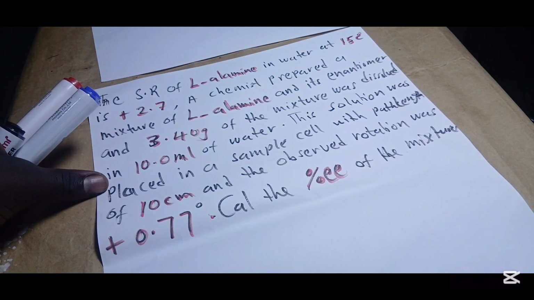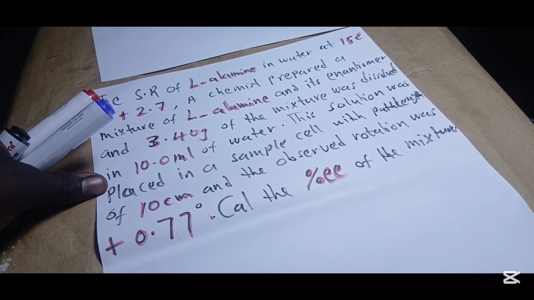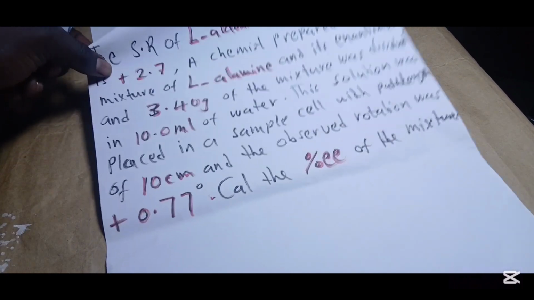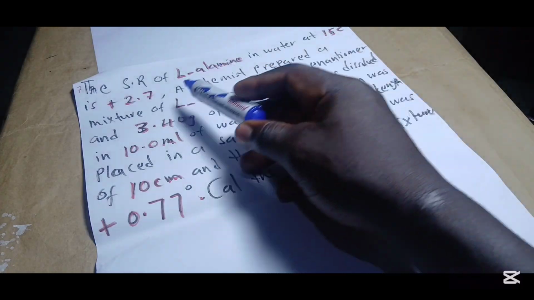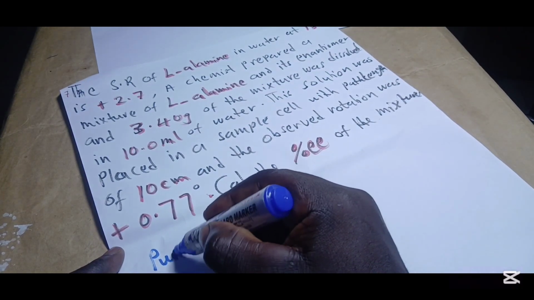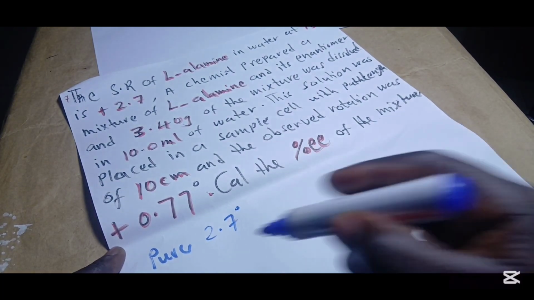This solution was placed in a sample cell with path length of 10 centimeters and the observed rotation was positive 0.77 degrees. Calculate the enantiomeric excess of the mixture. So the specific rotation of the pure sample is positive 2.7 degrees.